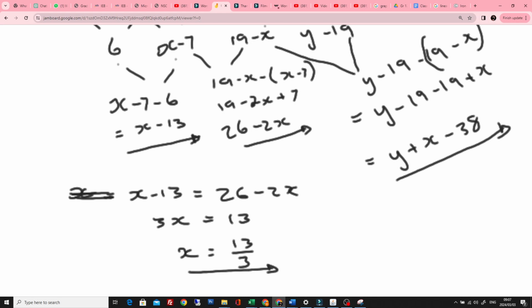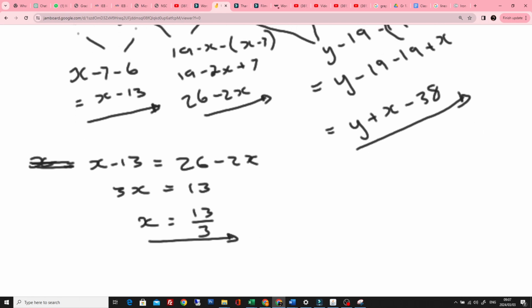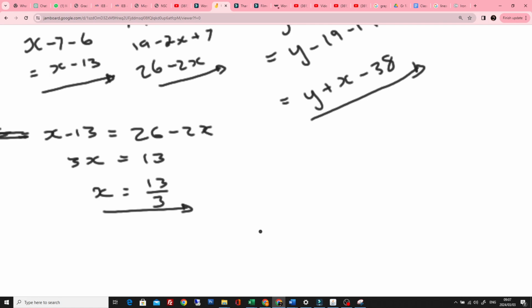It is possible to have rational numbers inside number patterns like this, fractions. So don't get scared of that. Okay, after we solved for x, we can say, okay, so our constant difference must then be equal to x minus 13, so 13 over 3 minus 13 is our constant difference.